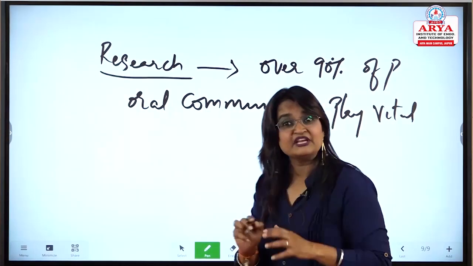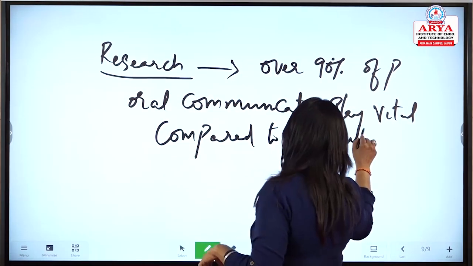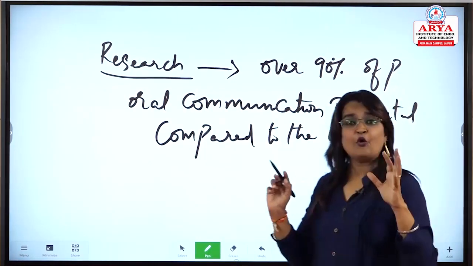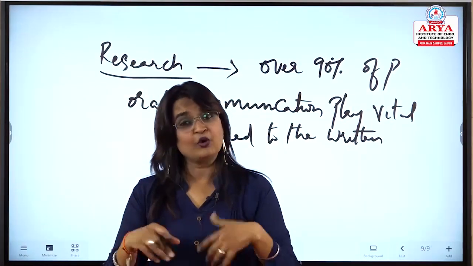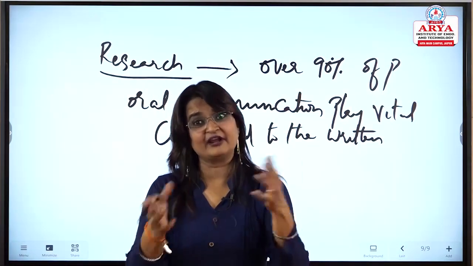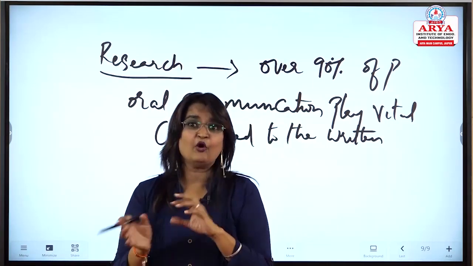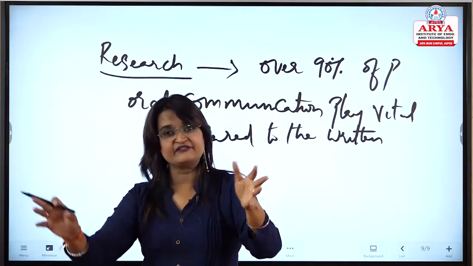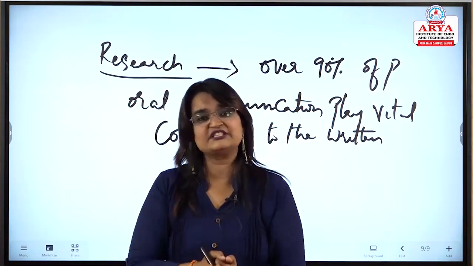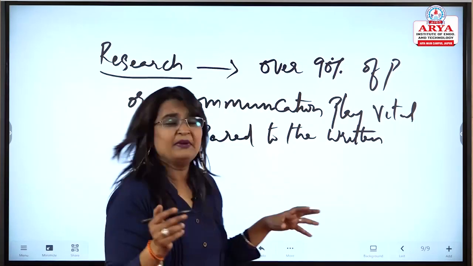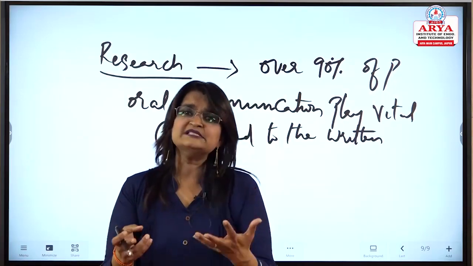Compared to written communication, when we compare oral and written, oral communication is more effective and works better. So when we are encoding or decoding, as sender or receiver, it is oral communication that works more than written. People communicate less through writing, and more is spoken.